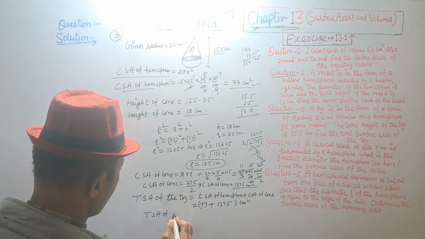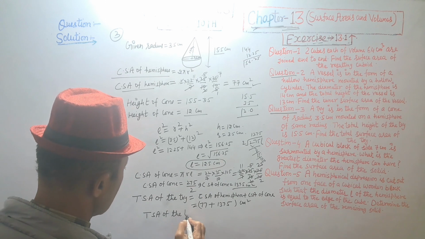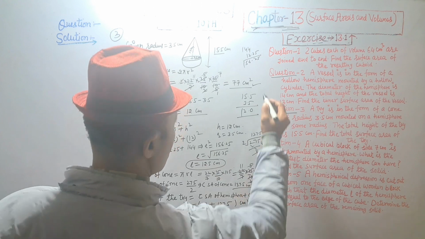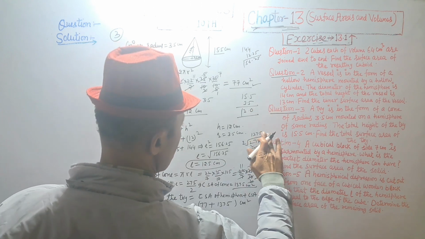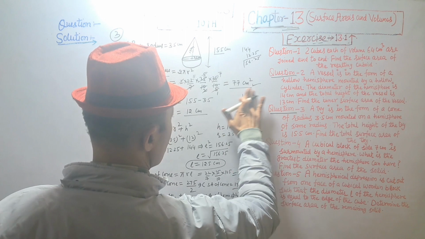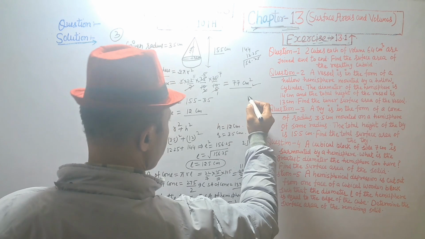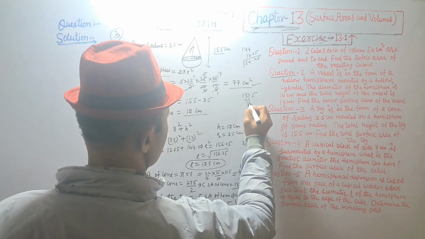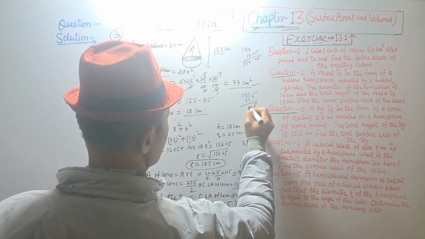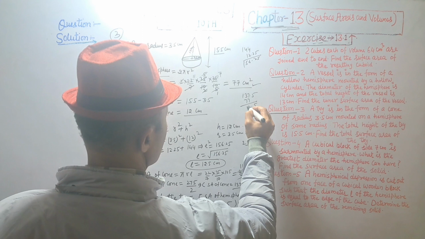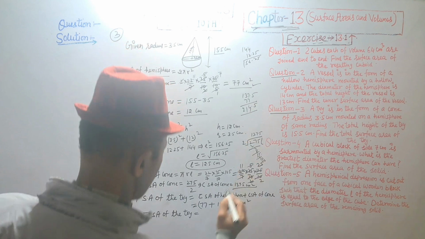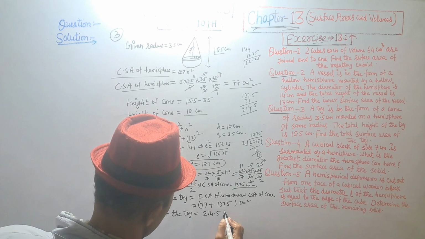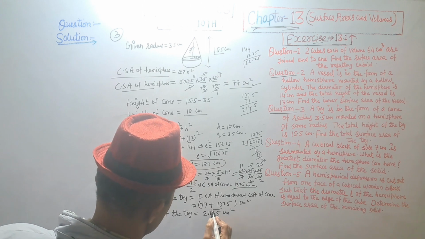TSA of the toy is equal to 137.5 plus 77, 5 4 1 2 is equal to 214.5 centimeter square.